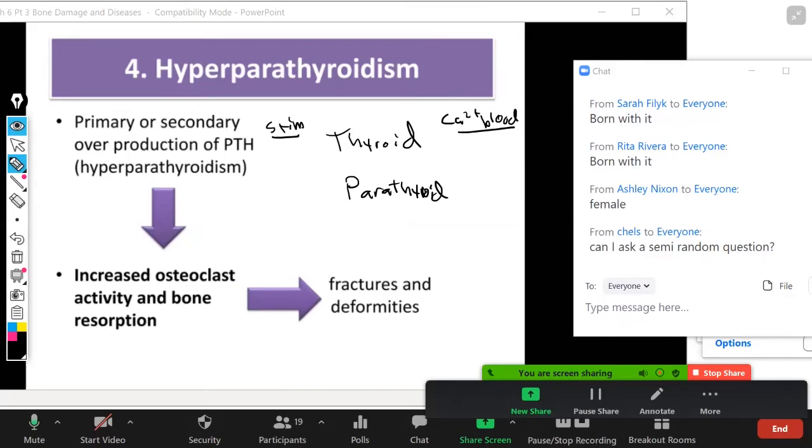Okay, so let's go back to, I think I mentioned it really fast last time, but let's talk about this a little bit. And here we're talking about the regulation of blood calcium by the thyroid and the parathyroid.